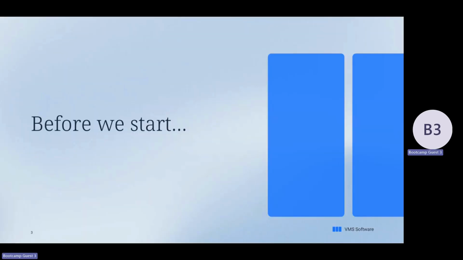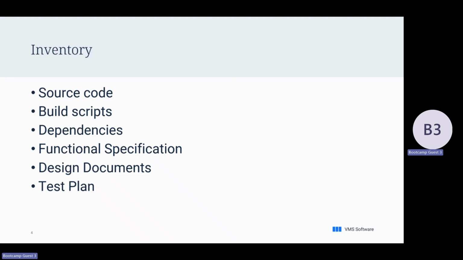Just before we get started, when you're going to port something, an application or a driver or whatever, from Alpha or Itanium to x86, you probably want to start by taking an inventory of what you have. Do you have your source code? Do you have the scripts that were used to build it on Alpha or Itanium?